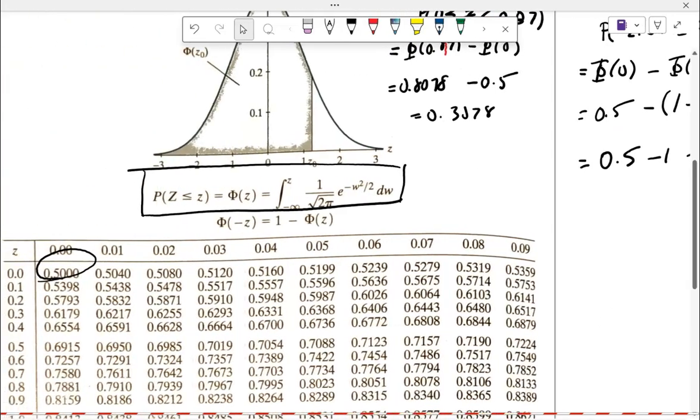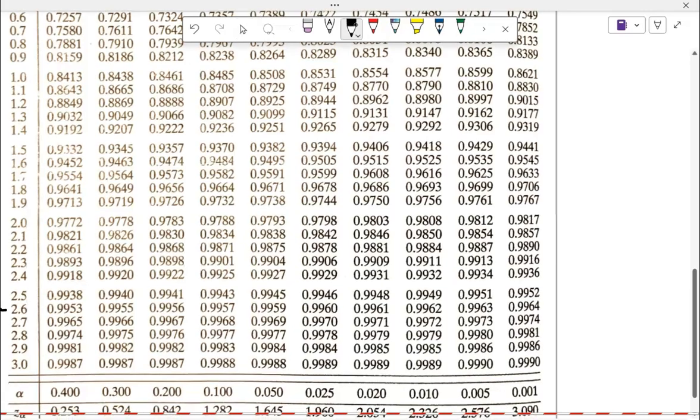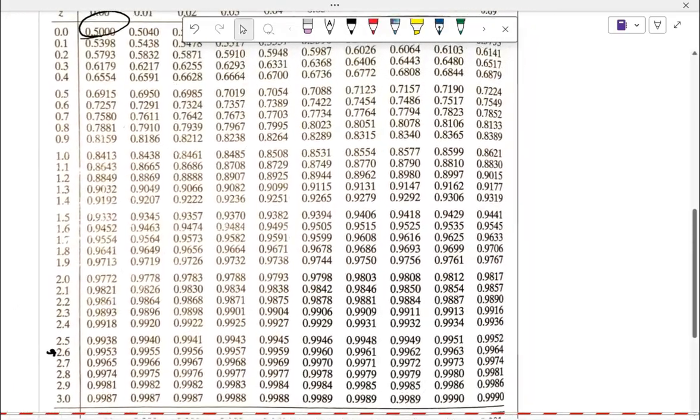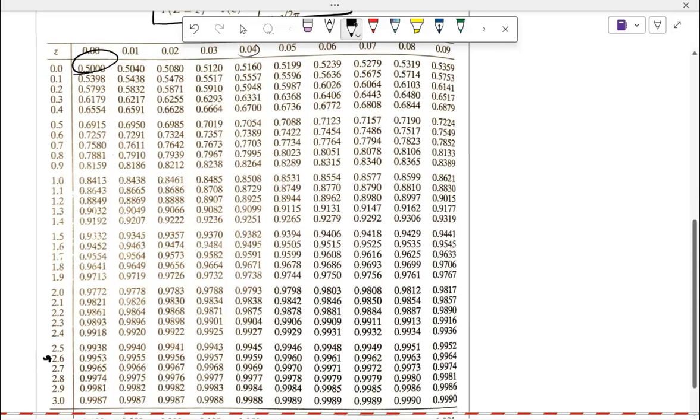2.64. So again, if I scroll back over, I go down to the 2.6 row, which is right there. And I can't see the top, so I'm going to scroll down or squeeze a little bit. Almost, there it is. And I want to go over to the 0.04 column up there. So it's this number right here that I want, the 0.9959.